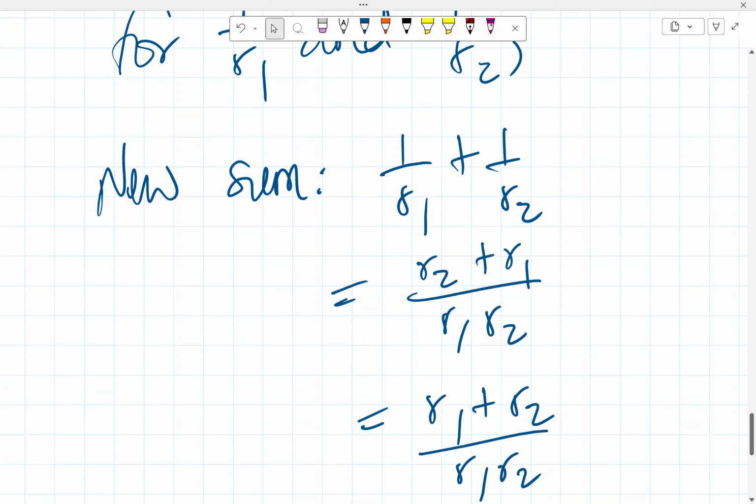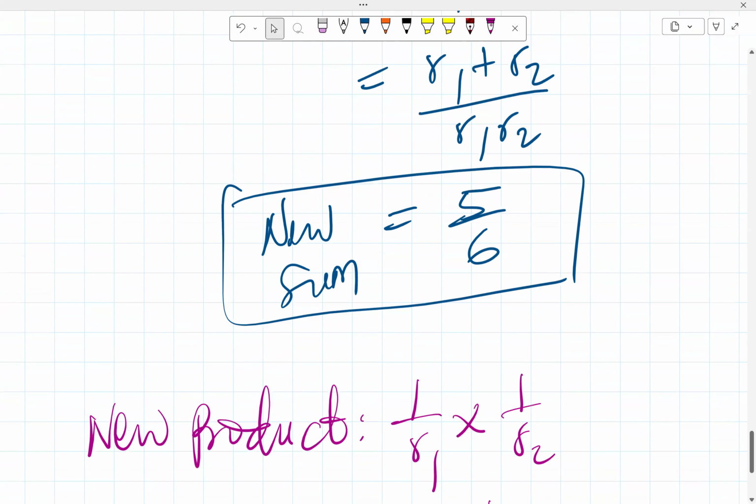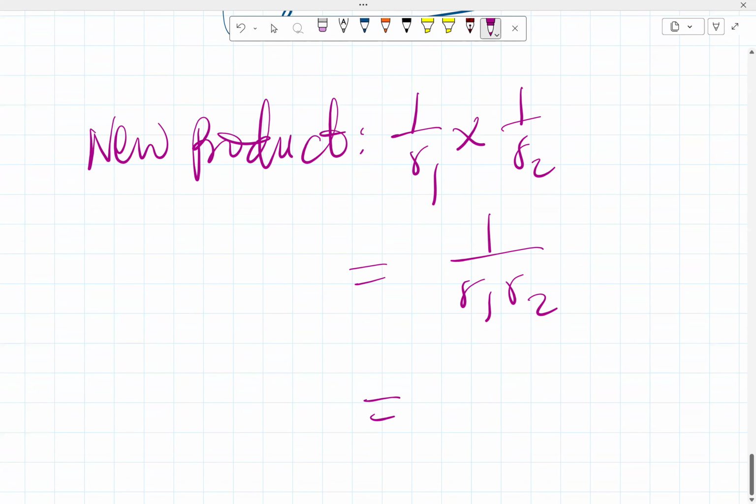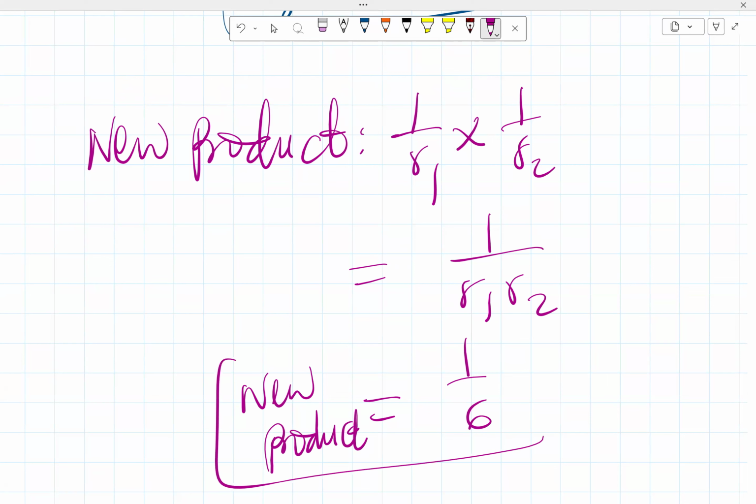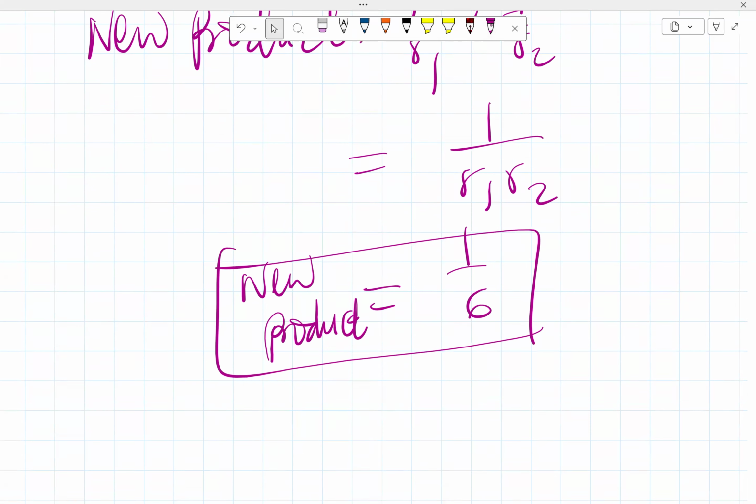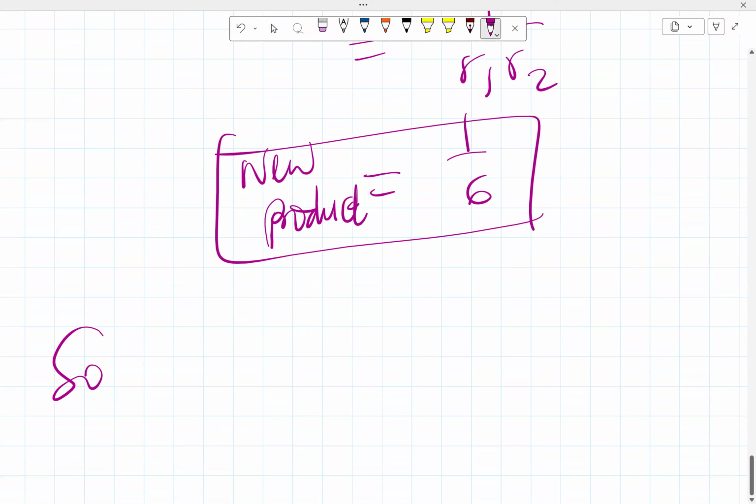So r1 r2 is already known to be 6. So we have the new product to be 1 over 6. New product is 1 over 6. So what do we say? Okay, I want to change this.